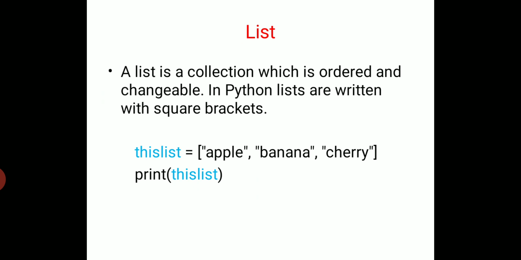Now first is list. So what is a list? You can see a list is a collection which is ordered and changeable. In Python, lists are written with square brackets. Whenever you want to create a list, you can write this list equals, then use square brackets and add the elements, like I can add three elements: apple, banana and cherry.